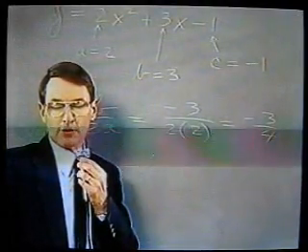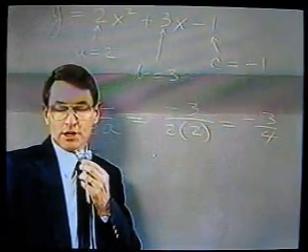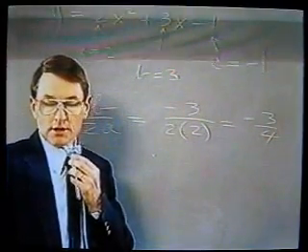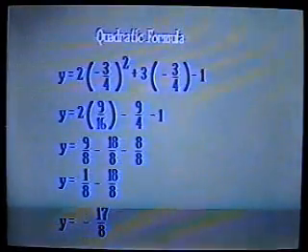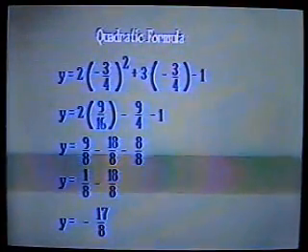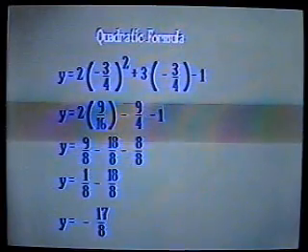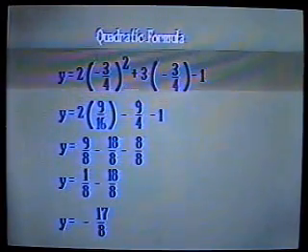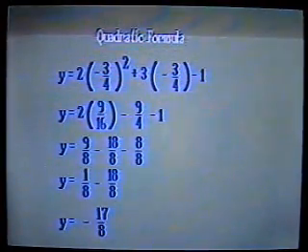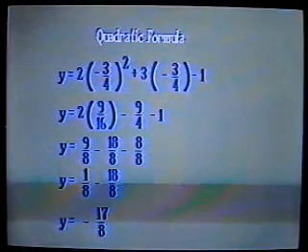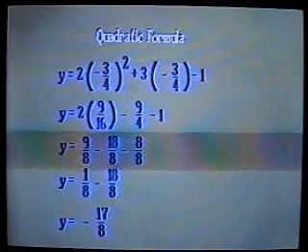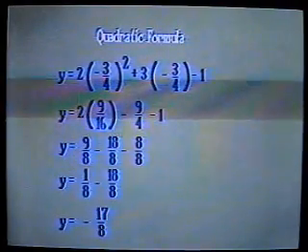Instead, we find the value of y by inserting minus 3/4 into the original equation in place of x. The steps look like this. So the coordinates of the vertex are minus 3/4, minus 17/8.